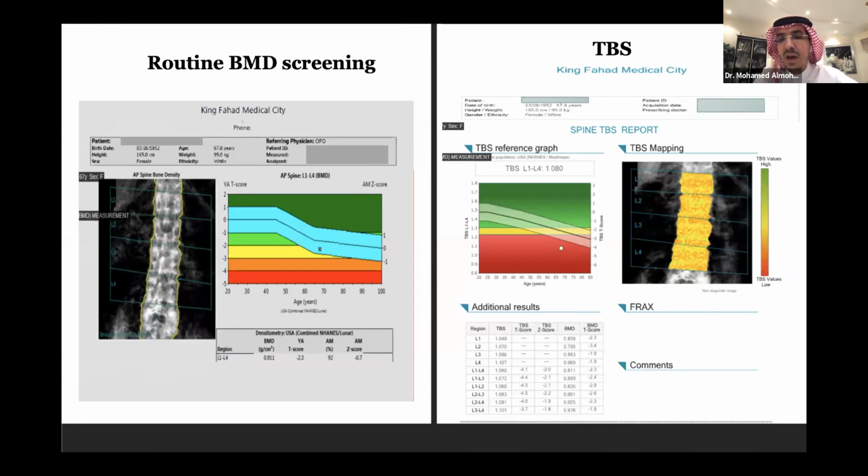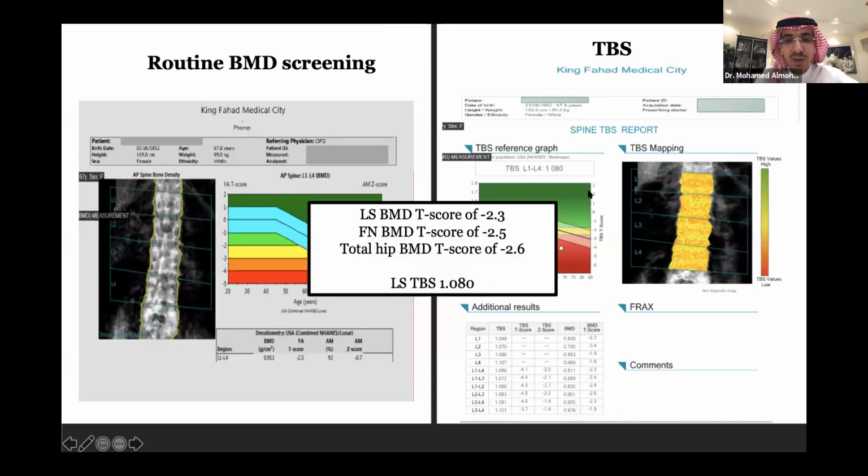There are also some additional results that might be helpful in the TBS report. That's the old version of the TBS; we also have an updated version with more information regarding the TBS measurements.